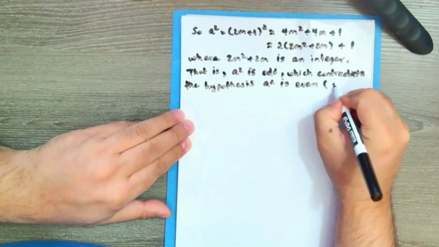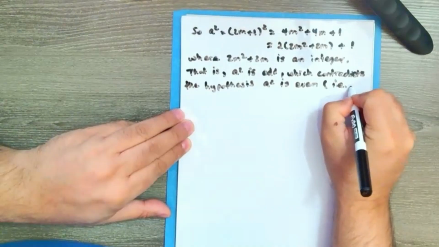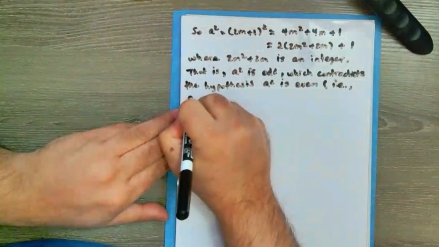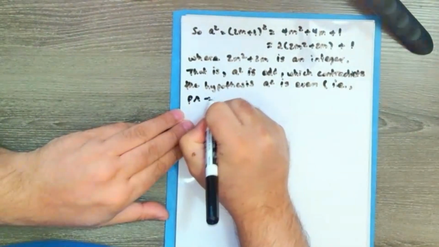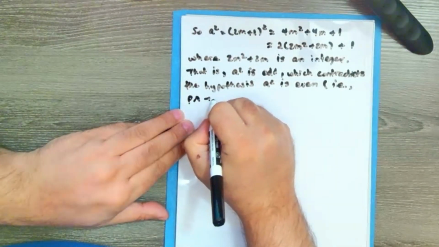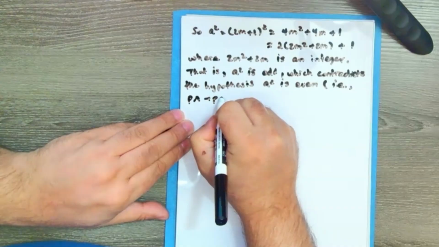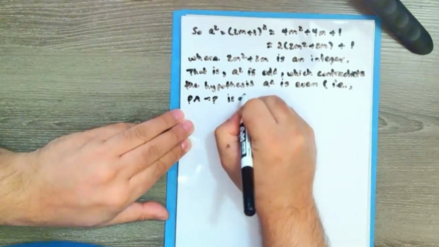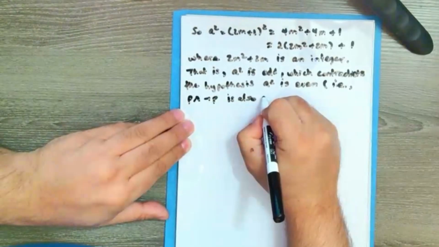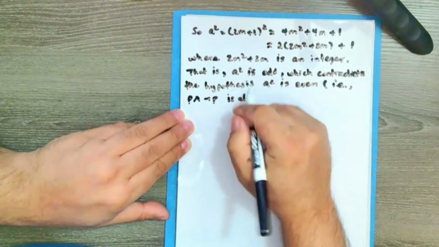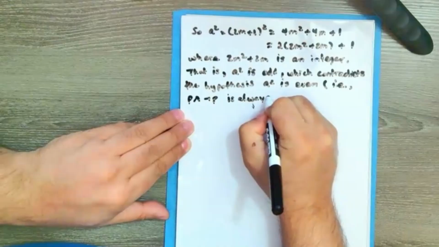So to be clear, we have that a statement P and its negation is always false. That's the logical contradiction. Always false.